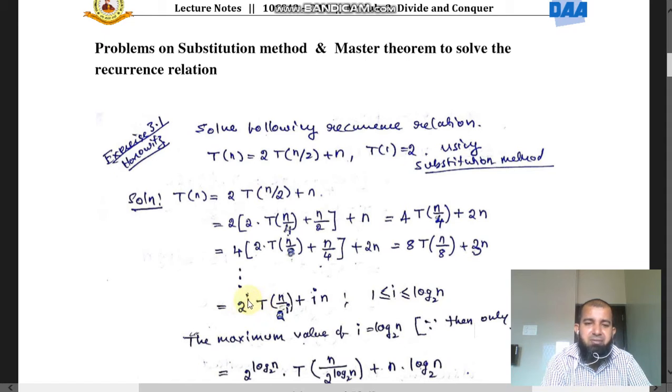If i is equal to 3, 2 to the power of 3 is 8, then 8T n by 8 plus 3n. If i is equal to 2, 2 to the power of 2 is 4, n by 4 plus 2n. If i is equal to 1, this one. Like this, this is a general relation.